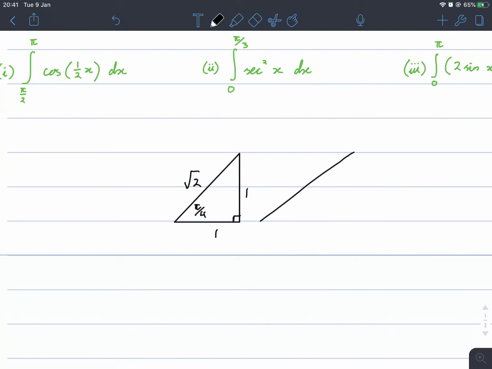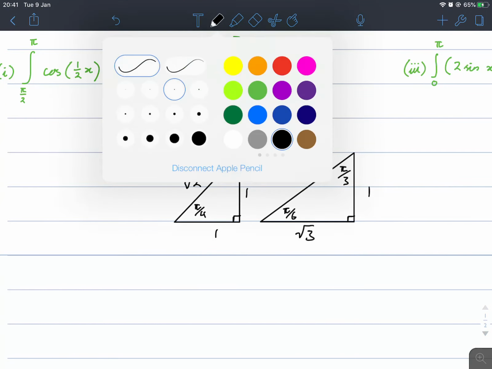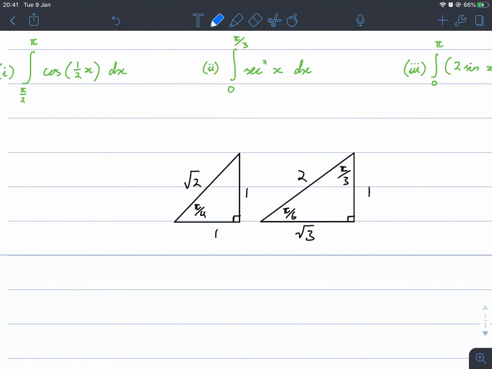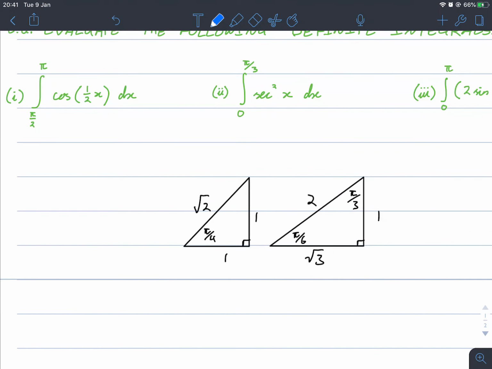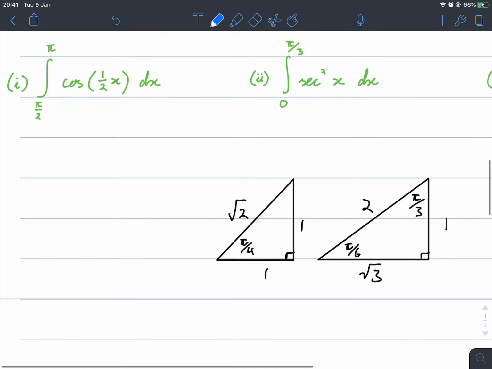For this case, you don't have to draw them because I'm actually going to be erasing these at the end. This is just a reference for me to use. Pi on 6, pi on 3, √3, 1, 2. It's only because we're going to be utilizing these as we go about these substitutions. So let's get to it.